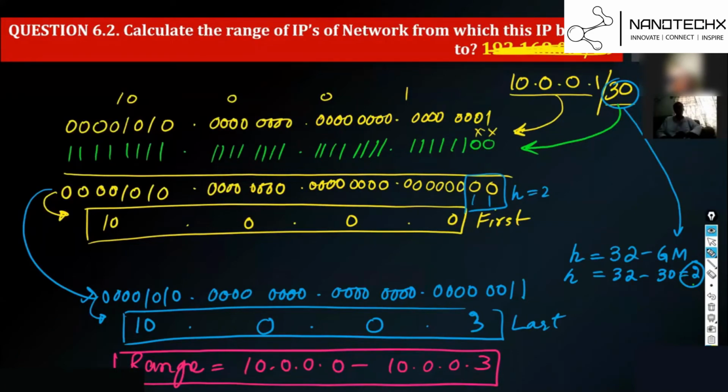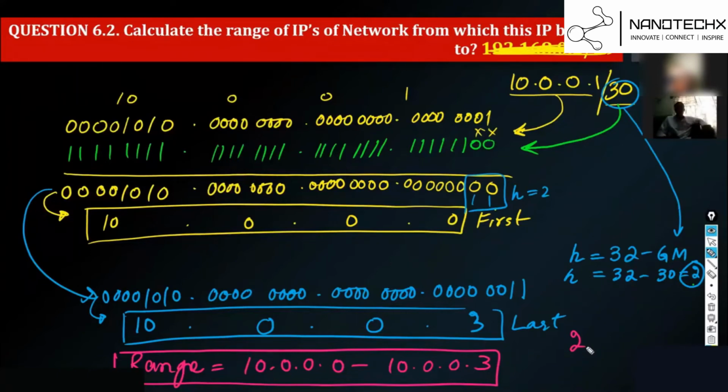Also, you can calculate using your formula as well. What was the formula to calculate the number of hosts? Total number of IP addresses, 2 raised to, does somebody remember the formula if we don't follow this whole process?